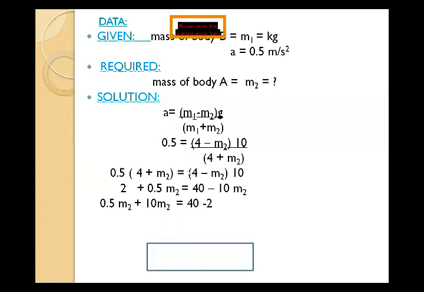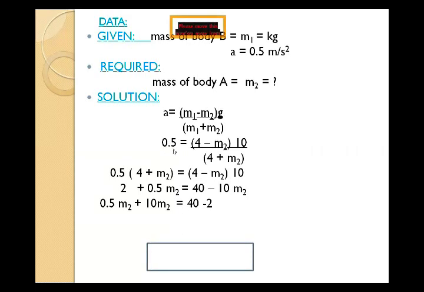In the next step we are just doing cross multiplication. Do you remember what cross multiplication is? The denominator of the right hand side is multiplied with the numerator of the left hand side, and the denominator of the left hand side is multiplied with the numerator of the right hand side.